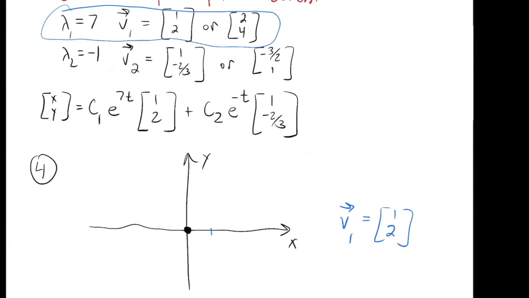That means I go 1 over and 2 up. Here's this vector v1, and I can just draw the full line that has that direction, since we could have picked any vector that started on this line. Then since this eigenvalue is positive, these arrows are going to go away.